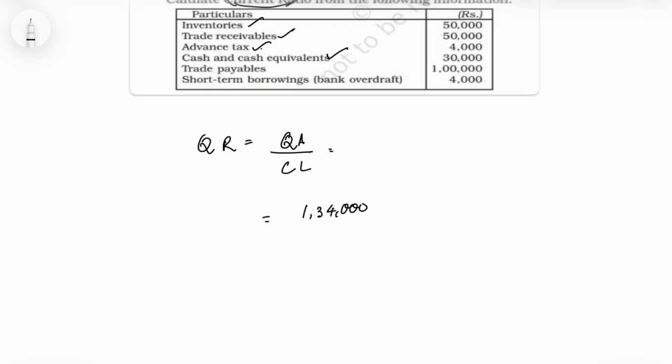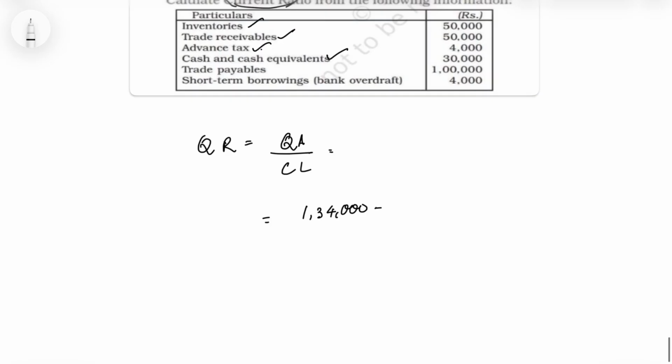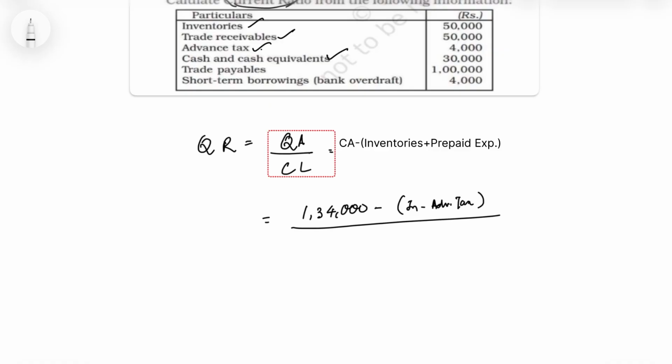From that, we take out inventory and advance tax, the prepaid expenses, for the quick ratio. Current liability is 1 lakh.